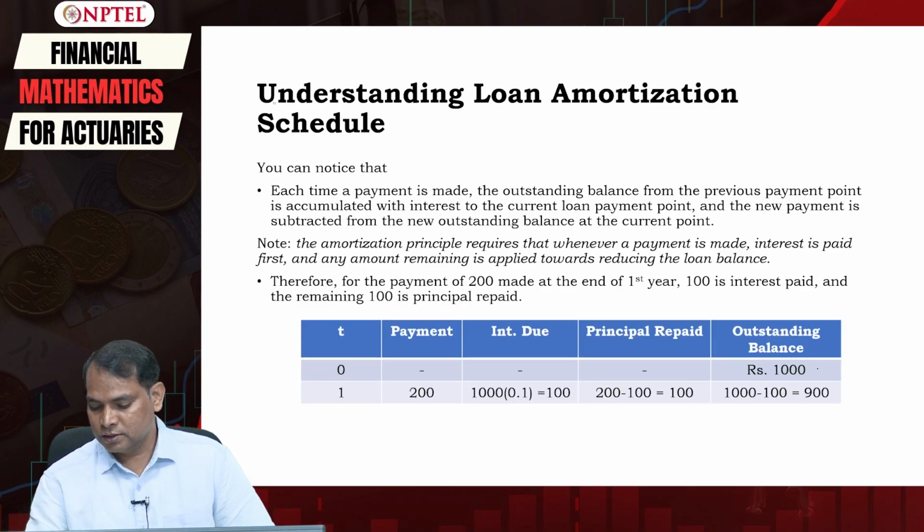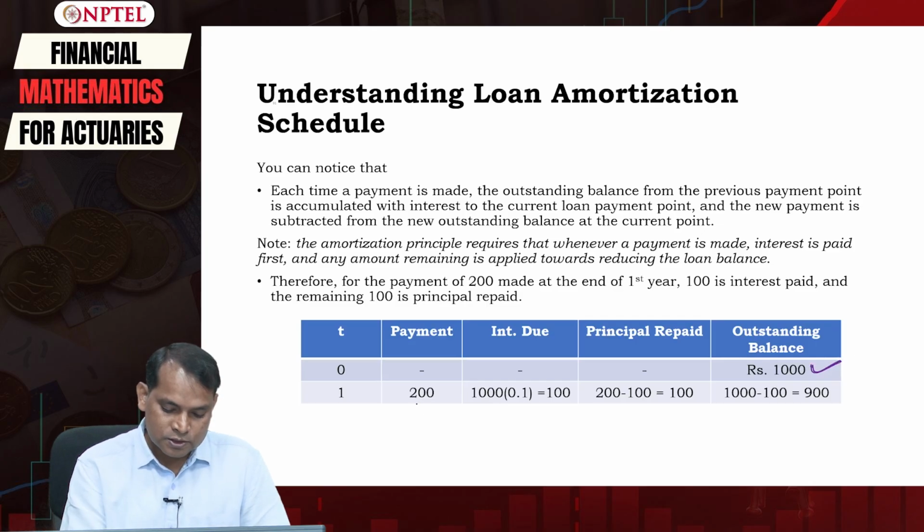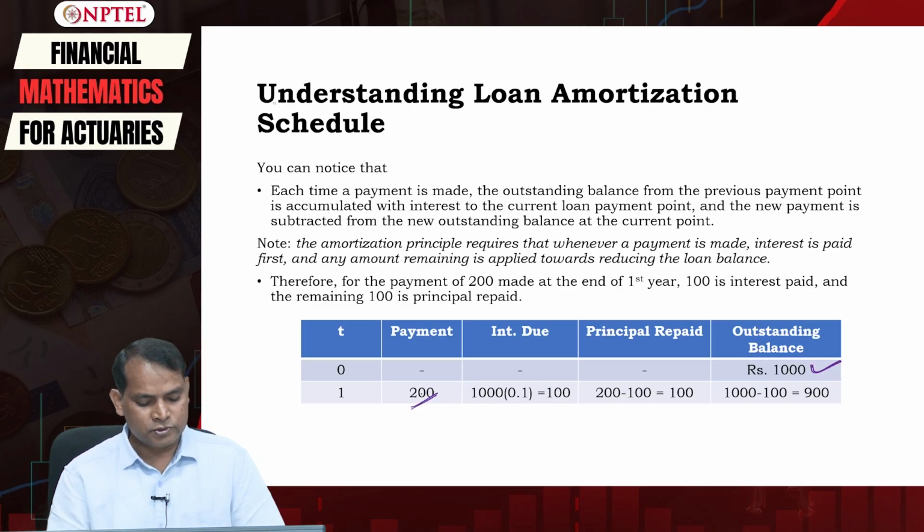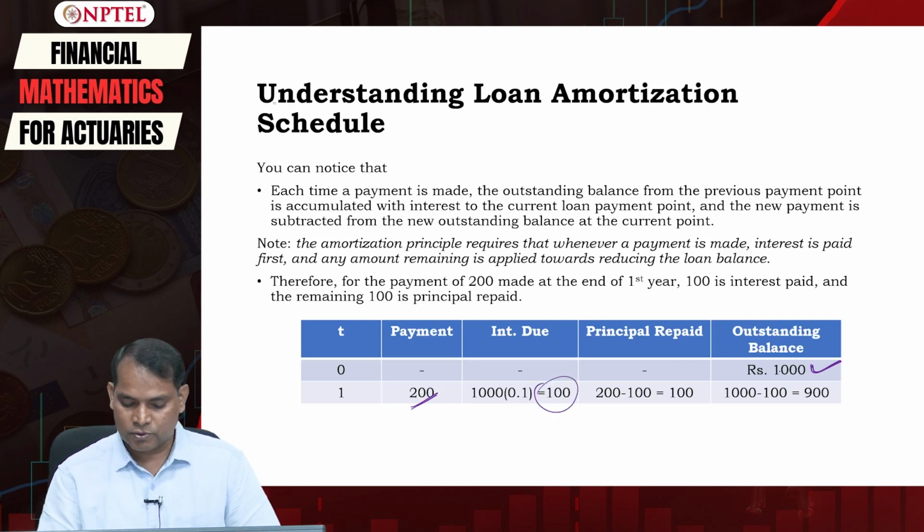So this is your initial loan balance, this is the first payment you wanted to make, and this amount is just the 10% of this added here, and therefore 1000 plus 100 is the total cost, and 100 rupees will go towards the interest due.